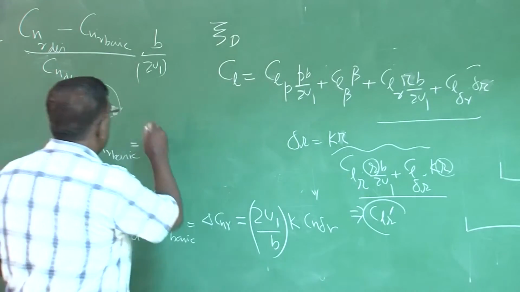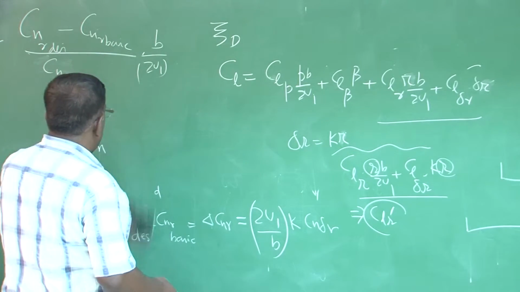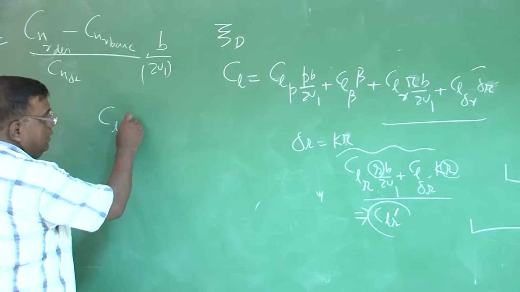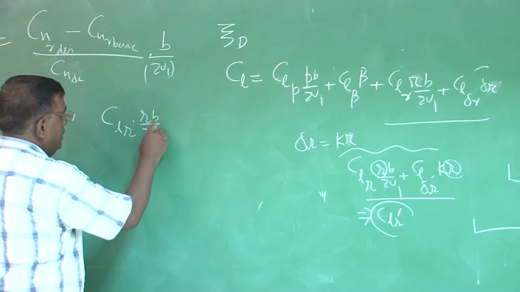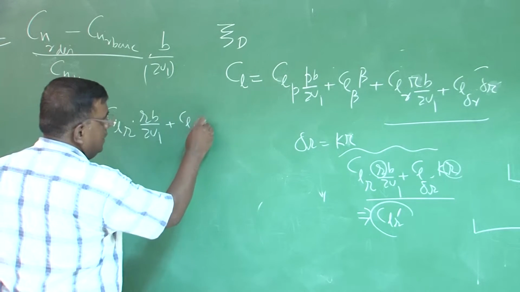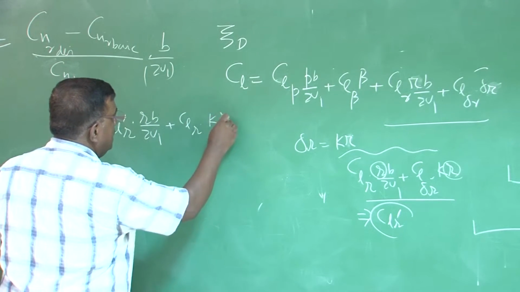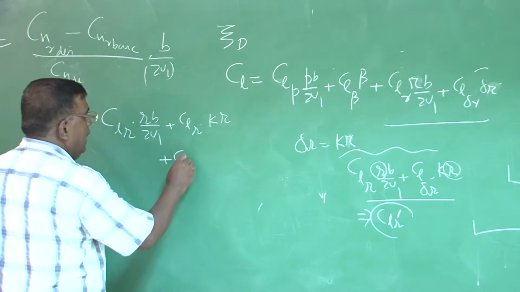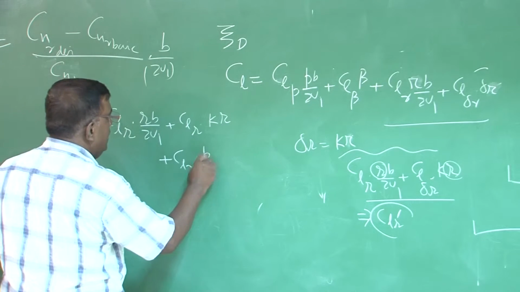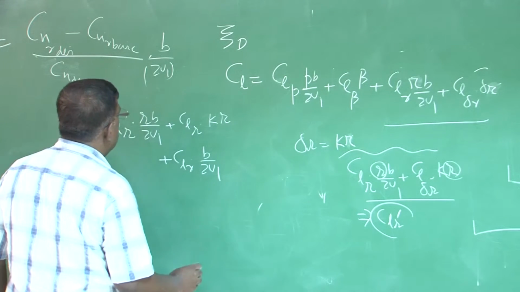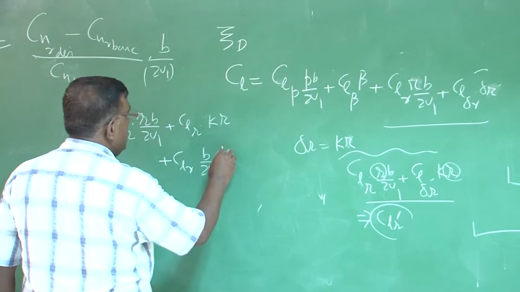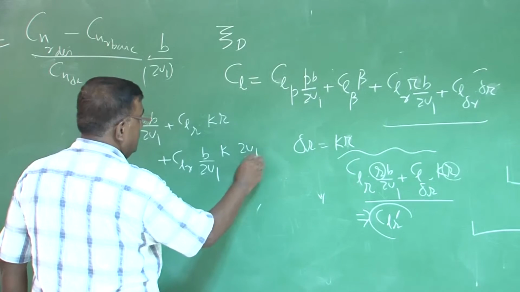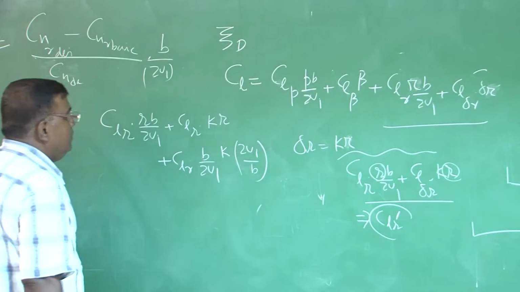So what I do, I write this simply as CLR into Rb by 2u1 plus CL delta R into KR, okay? And I then write this as CL delta R into b by 2u1 K. I multiply this and same thing.